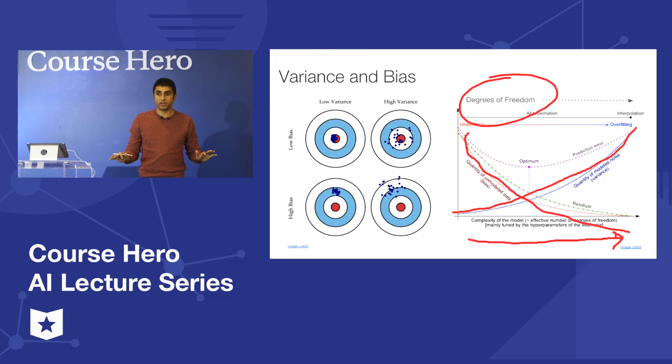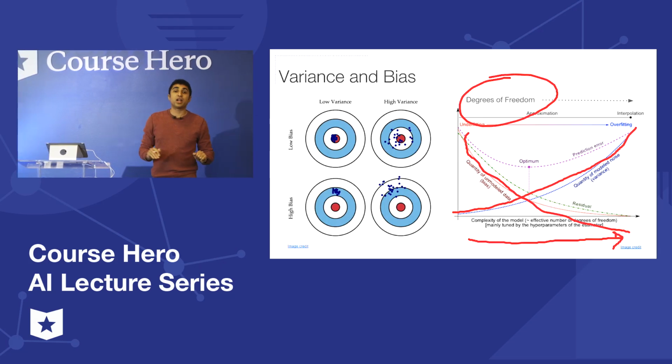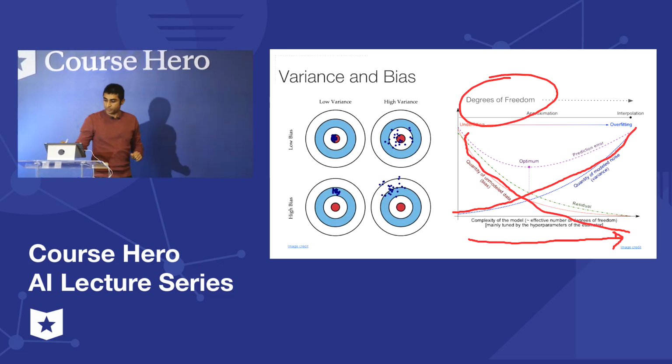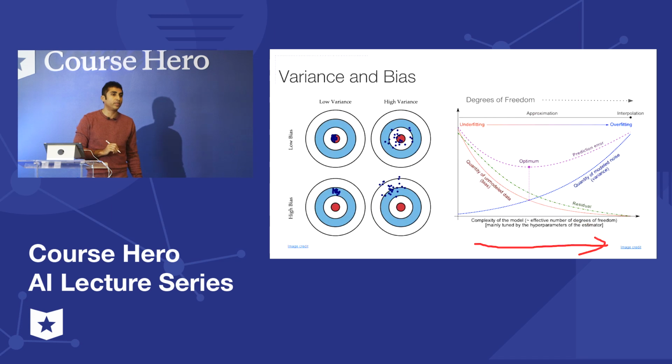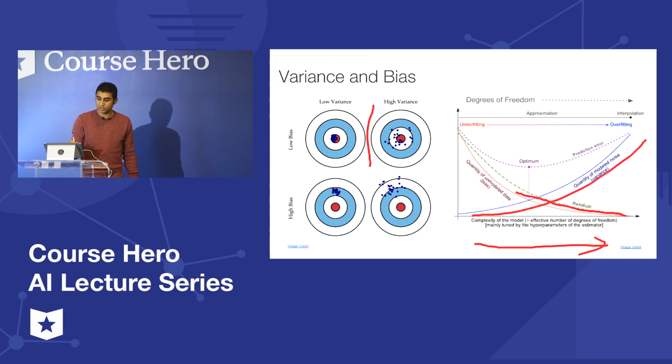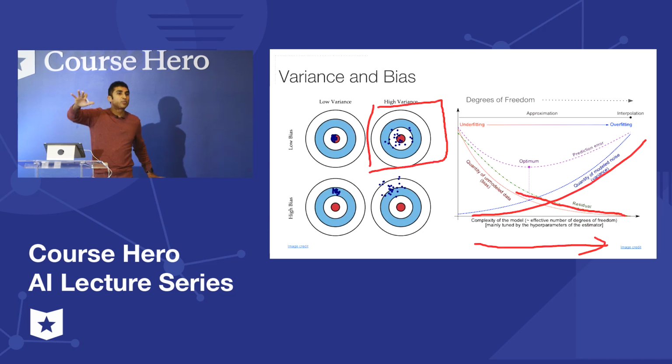So far so good? As the complexity of the model increases, which is this curve, or the ability to learn degrees of freedom, the model's ability to reduce bias and increase variance also increases, which will be this box. It will be somewhat near the bullseye, but spread.